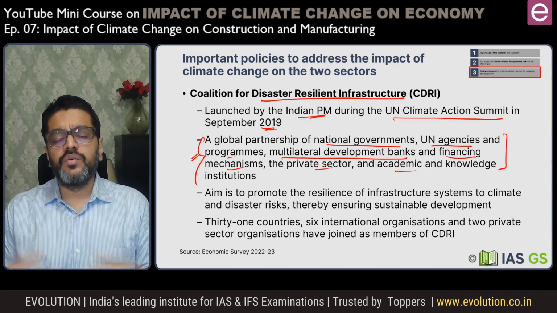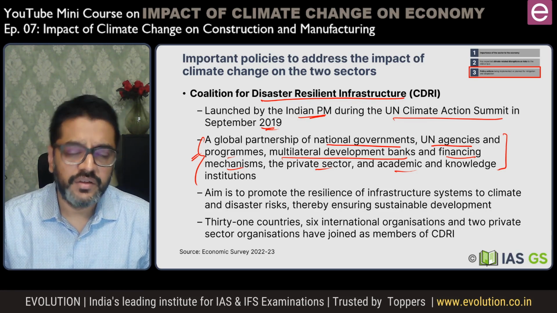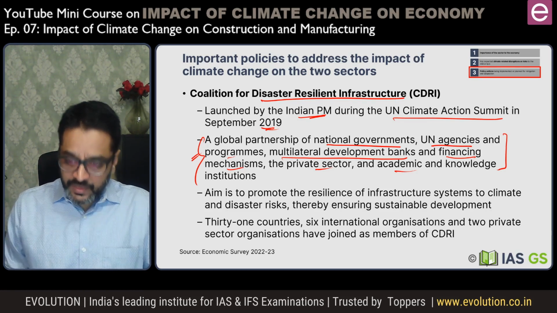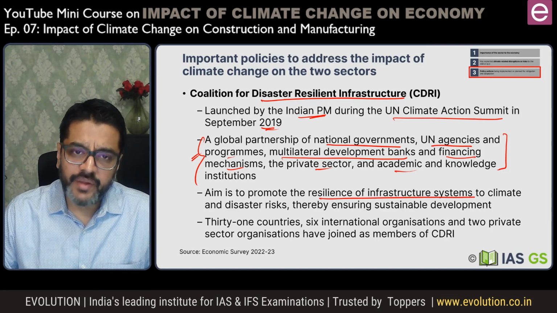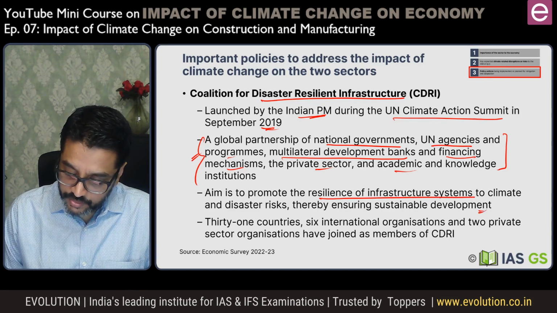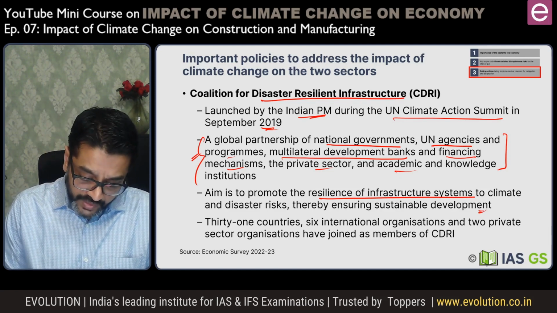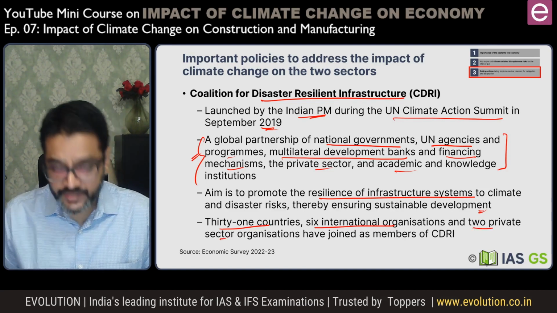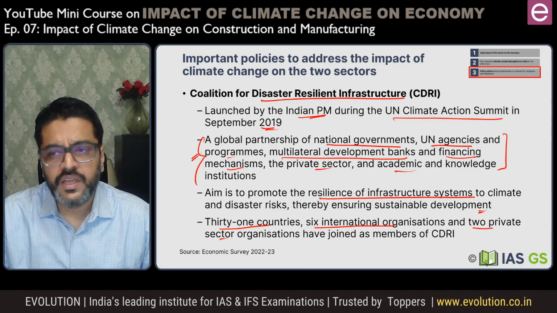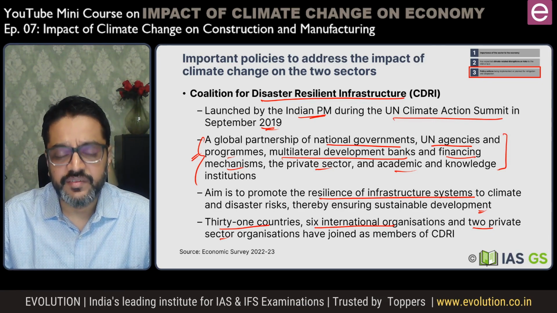So the idea is that you work together, you learn from each other, and then you take these best practices and go and implement them on the ground, right? So promote the resilience of infrastructure systems to climate and disaster risks, and ensure that our economy develops in a sustainable manner. Right. So far, 31 countries, 6 international organizations, and 2 private sector organizations have joined this coalition, and more will continue joining. So this is the first international initiative that India has led.